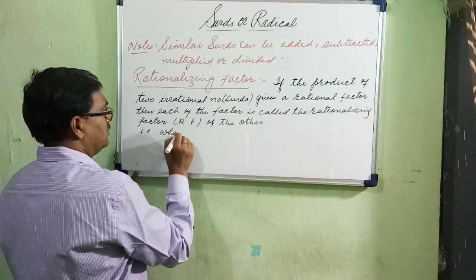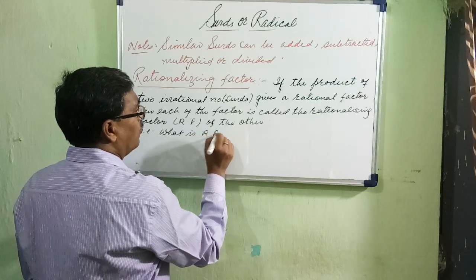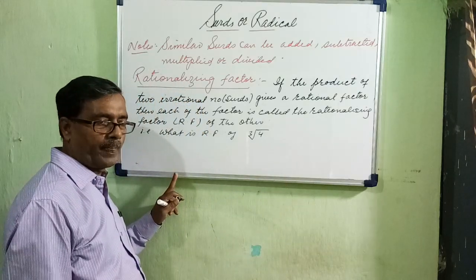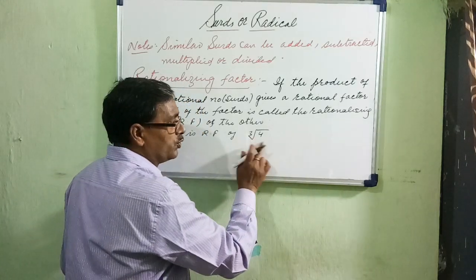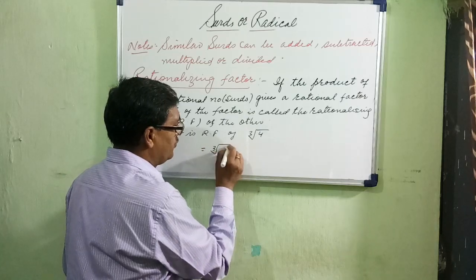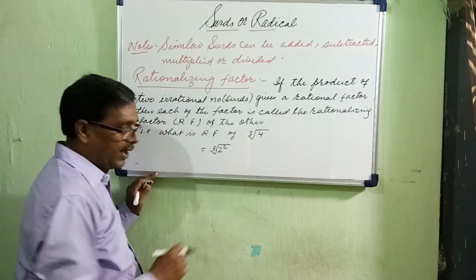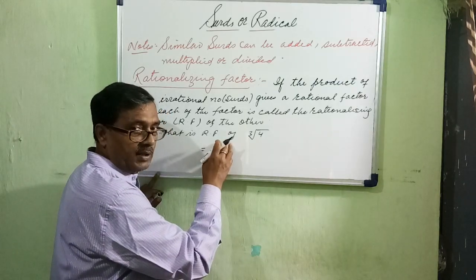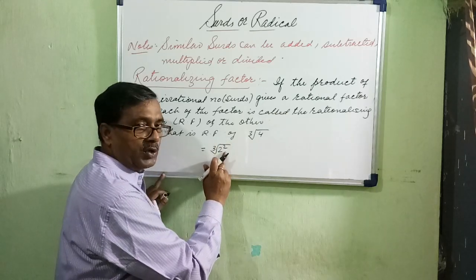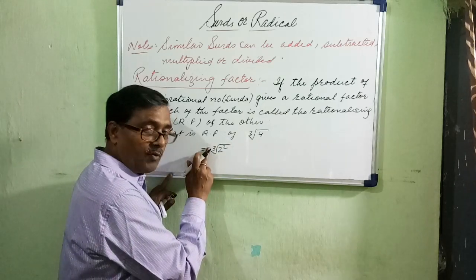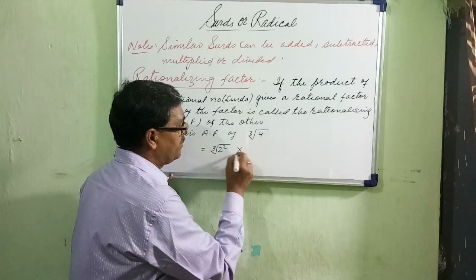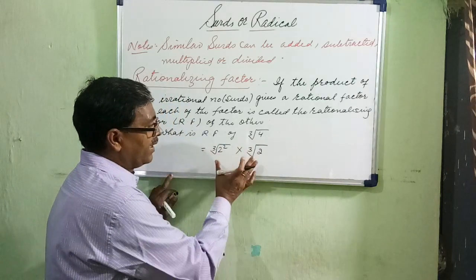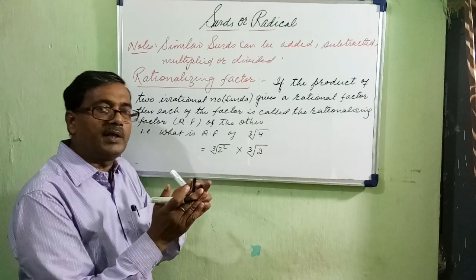That is, what is RF of cube root of 4? Now, cube root of 4 can be written as cube root of 2 square. What do you notice? Here, if I could have 2 to the power 3, it would have become a rational number. And in order to make it 2 to the power 3, we have to follow the same order. Because order is same, the radicand can be kept under the same radical sign.